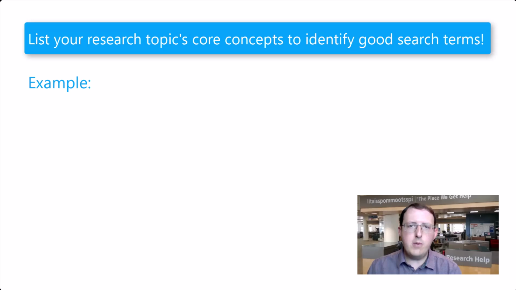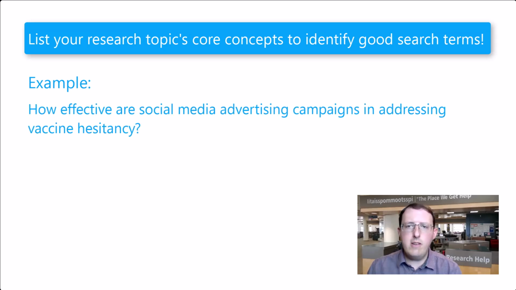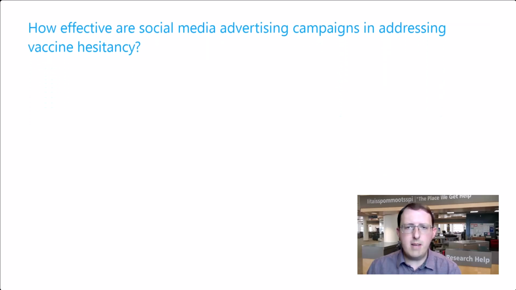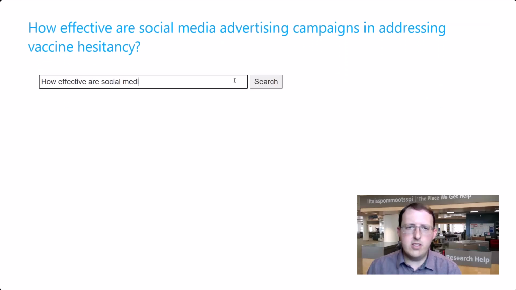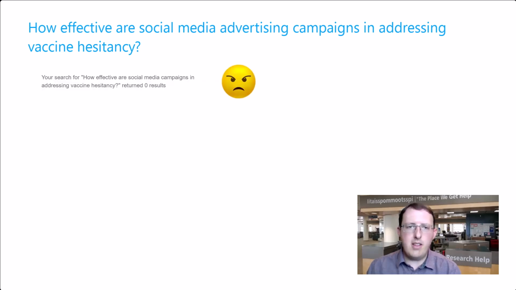Let's say we had the following research question: how effective are social media advertising campaigns in addressing vaccine hesitancy? Were we to type this whole question into a database search, we may find that we retrieve few, if any, results, because there are many words in the question that authors of relevant studies may not have used.